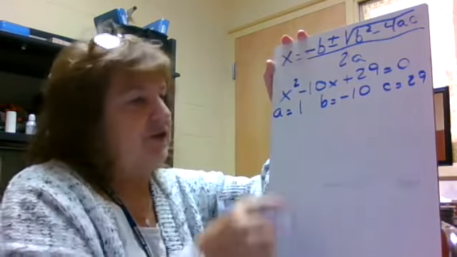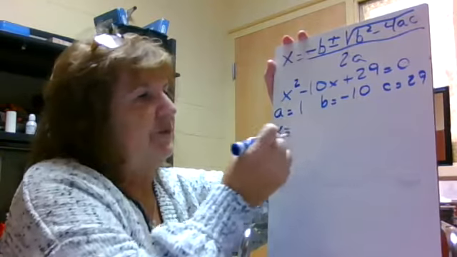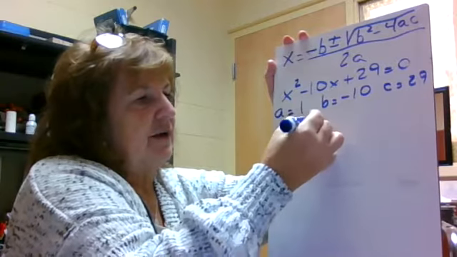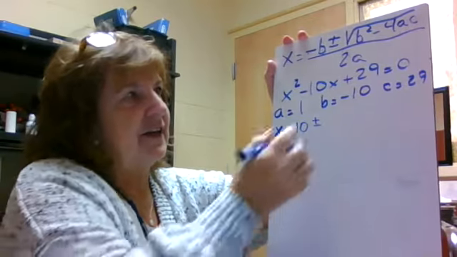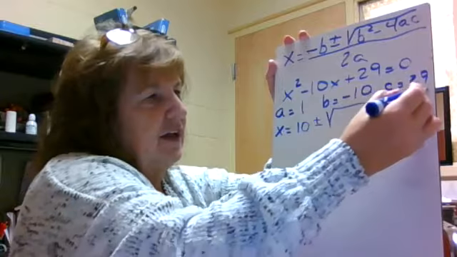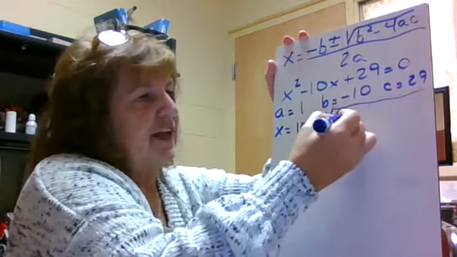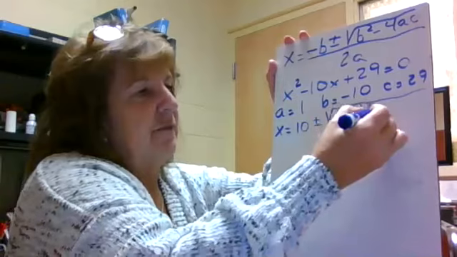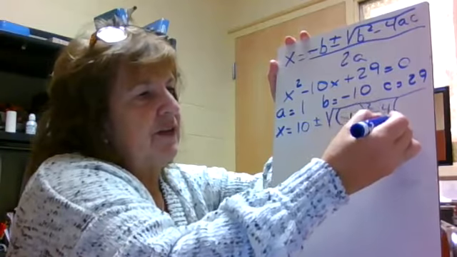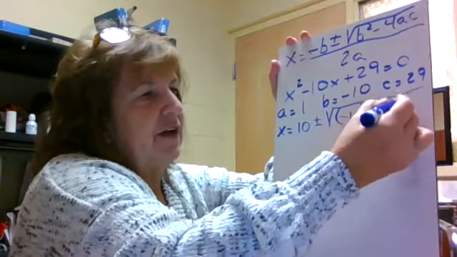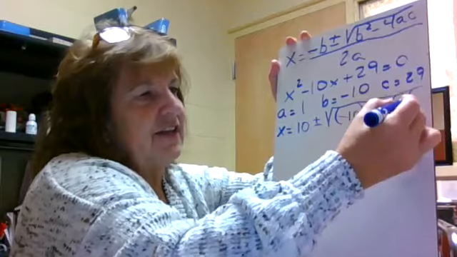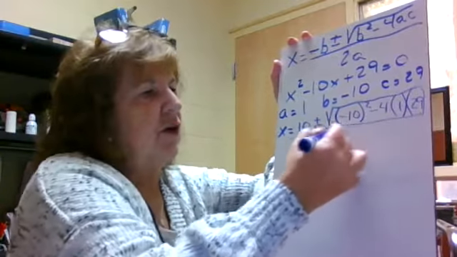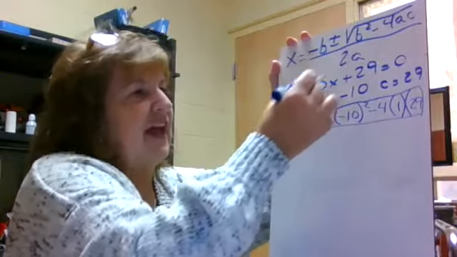Plug them into the equation. The opposite of the B number is 10, plus or minus. The B number is negative 10 squared minus 4, parenthesis, the A number, parenthesis, the C number, all over 2 times the A number.